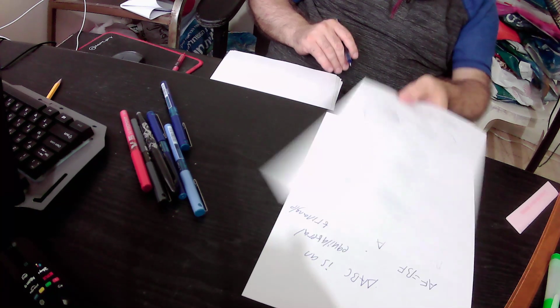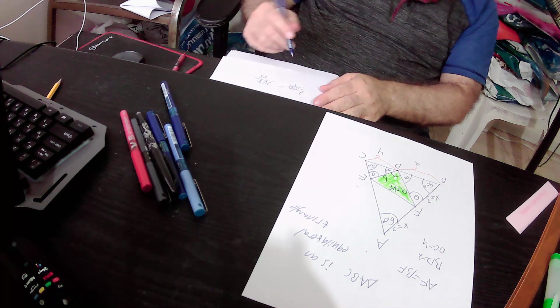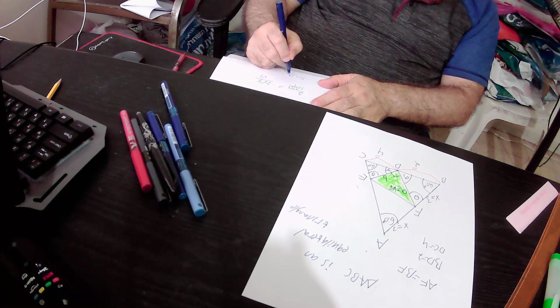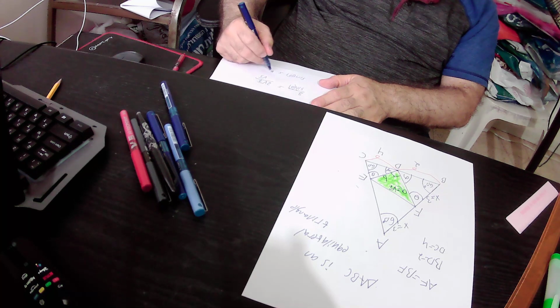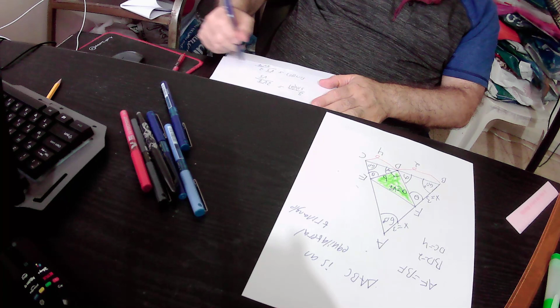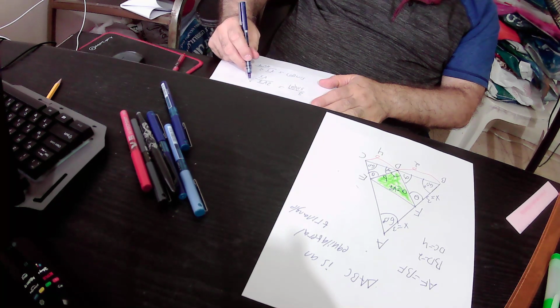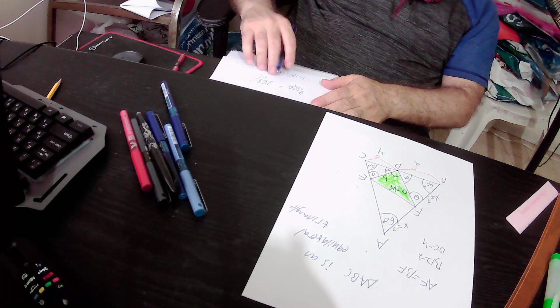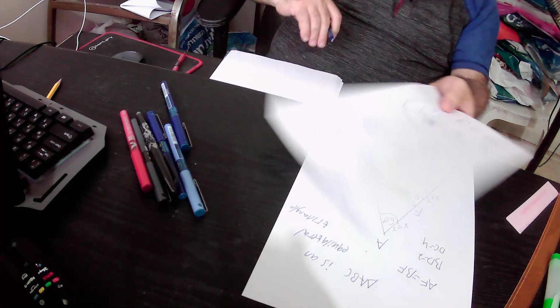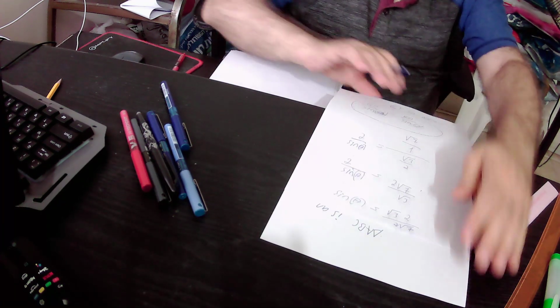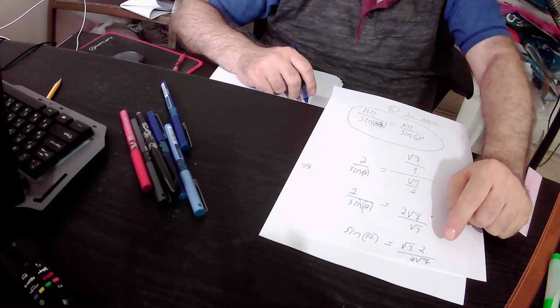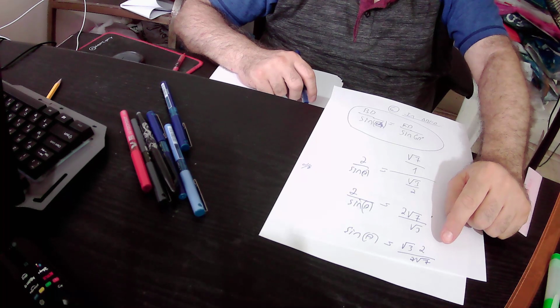So sine theta will be equal, from this simple equality, to root 3 times 2 over 2 times root 7.